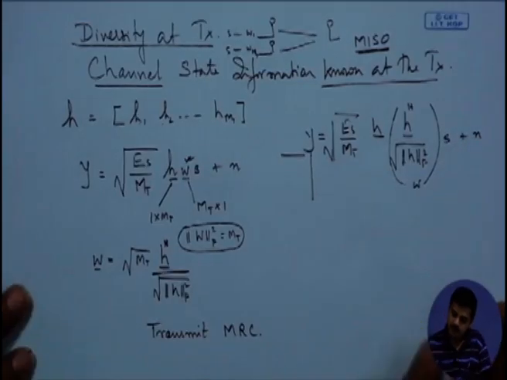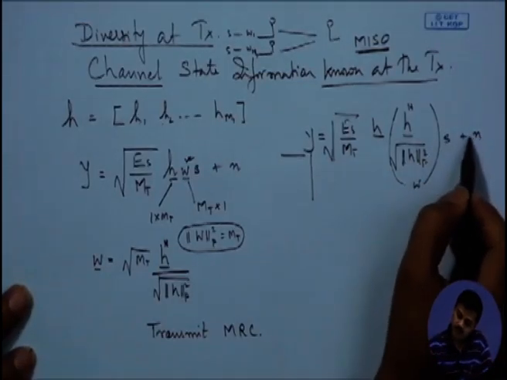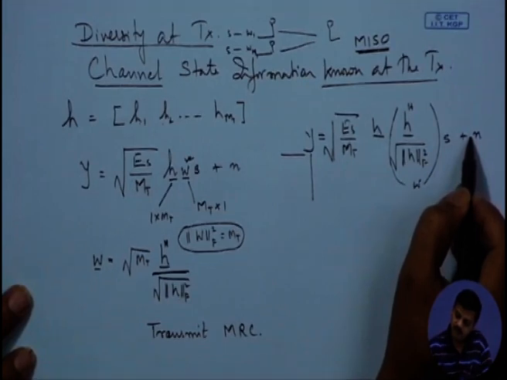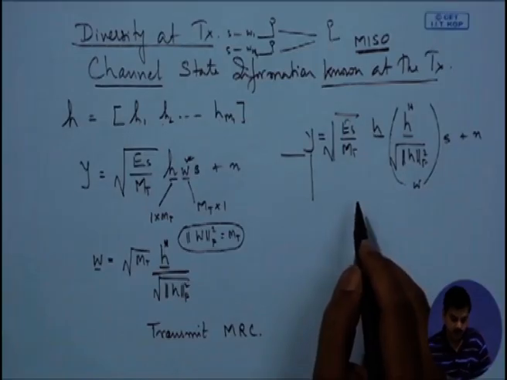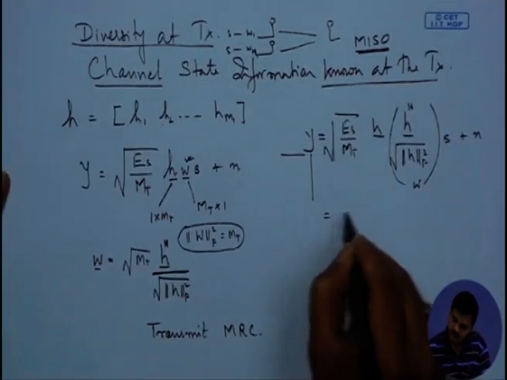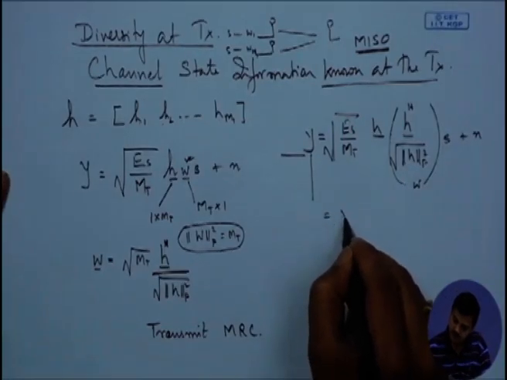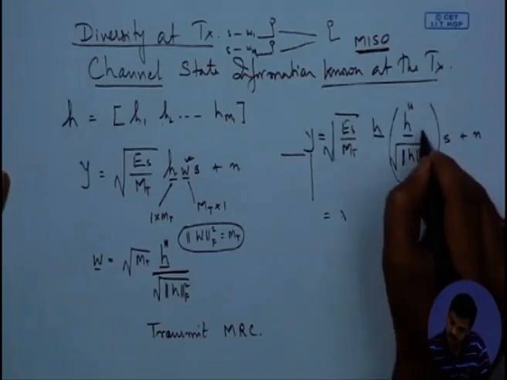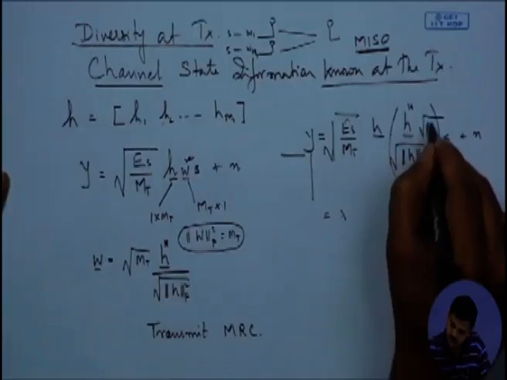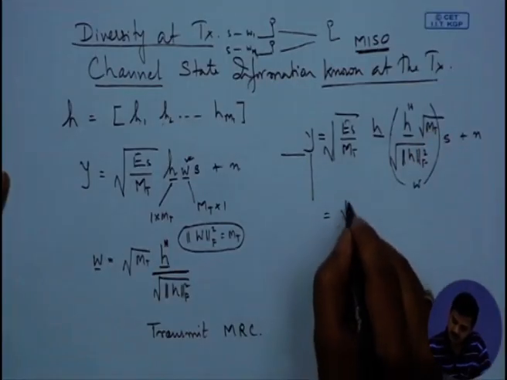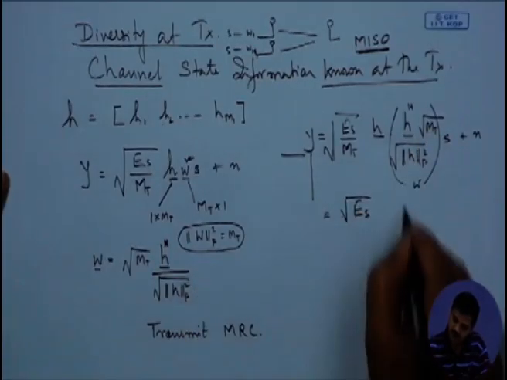So now in receive MRC we had channel coefficients getting multiplied here as well, but here it's not the story, but overall the performance would turn out to be the same as we would see. So we are getting square root of, sorry, there is a root, this factor we have missed out, root over Mt. So Mt goes out, you are going to have Es.